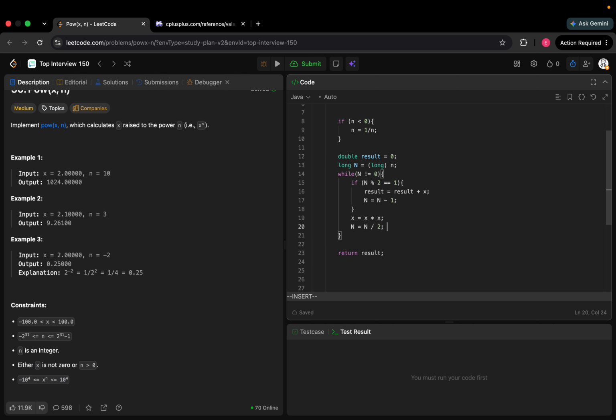Here, 10 divided by 2 is equal to 5. Oops.